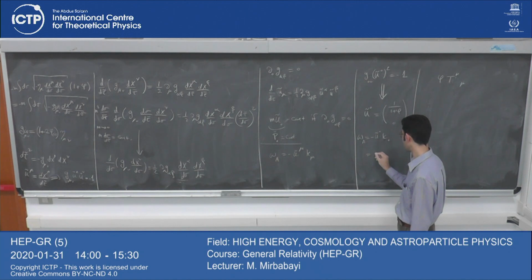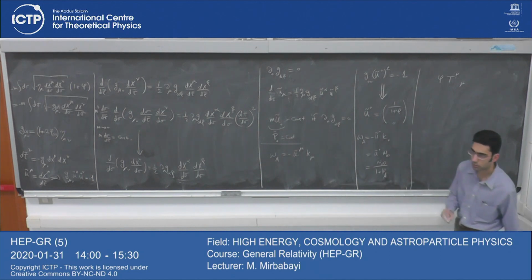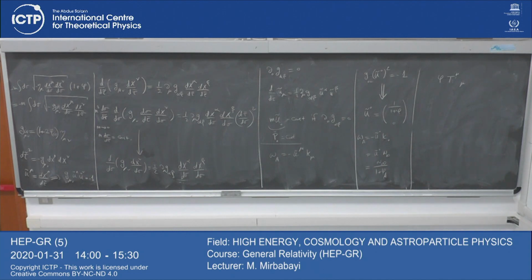So this becomes u tilde 0 times omega infinity of the photon. So we get omega infinity divided by 1 plus phi at a, which is the same result that we had before.